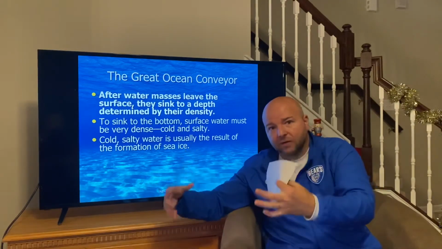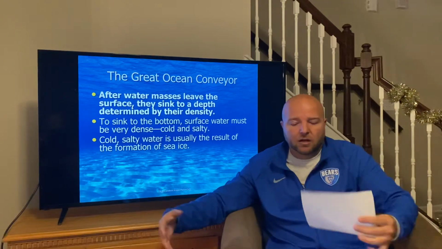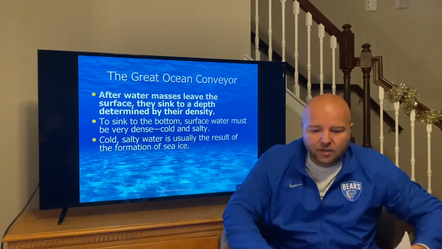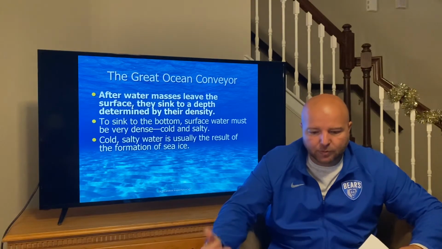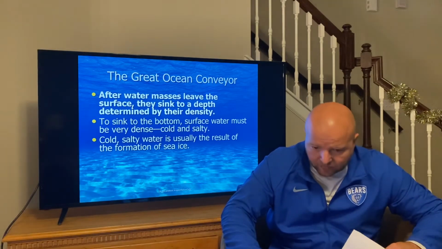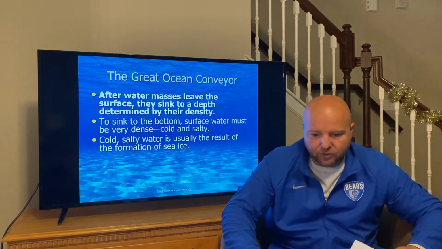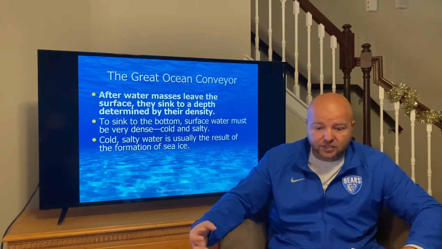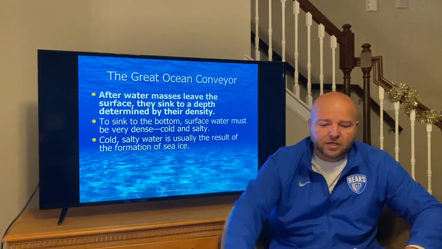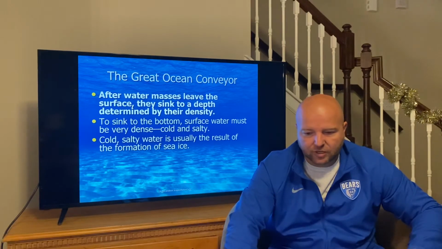If not, then it will stop when it gets to a layer that is more dense than it. And to sink to the bottom, surface waters must be very dense, cold, and probably very salty as well. So cold, salty water is usually the result of the formation of sea ice.